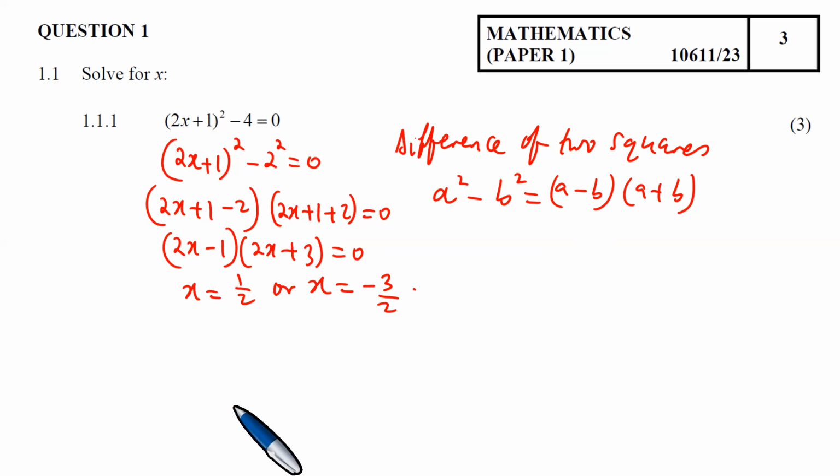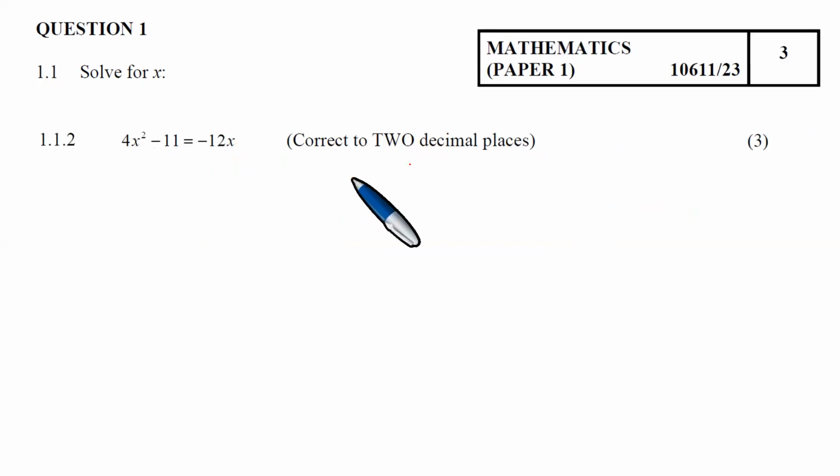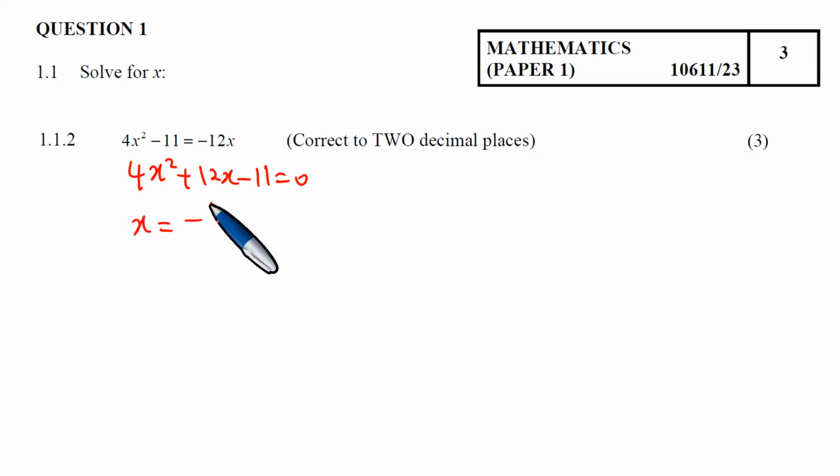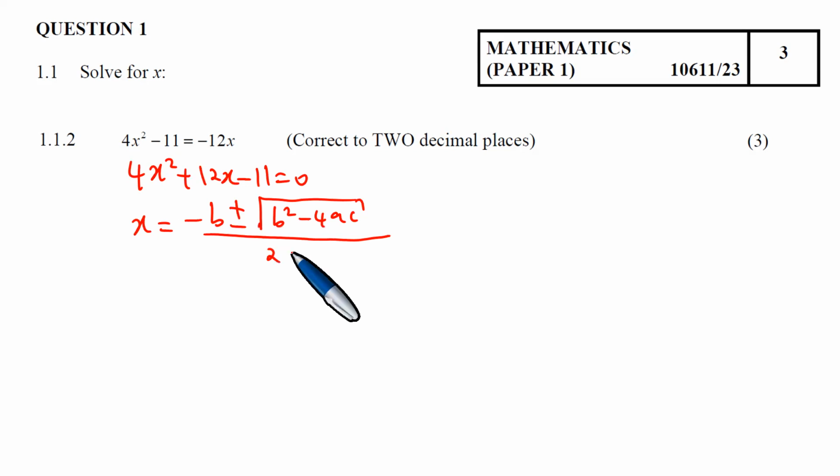The next question. Right, once they say correct to two decimal places, you need to note that you first organize the terms. To organize everything here, that will become 4x squared plus 12x minus 11 equals 0. And x becomes minus b, so you write down the formula: plus or minus the square root of b squared minus 4ac, and all this is divided by twice a.